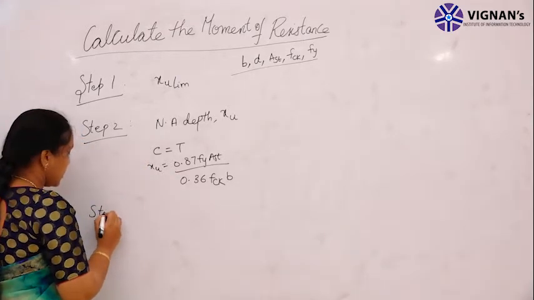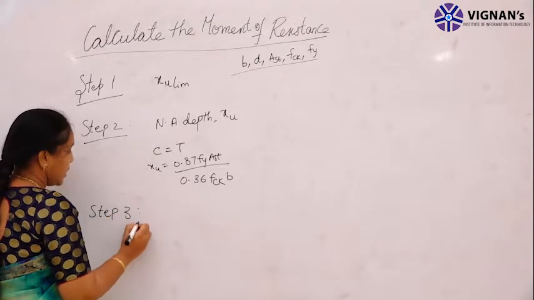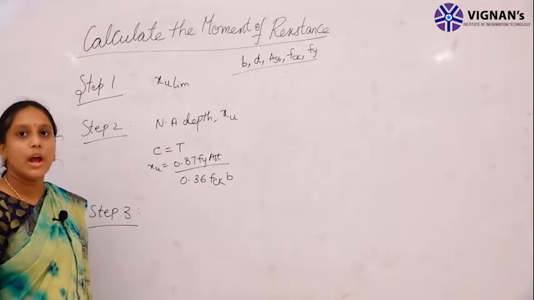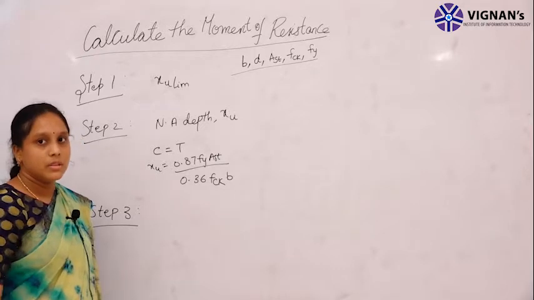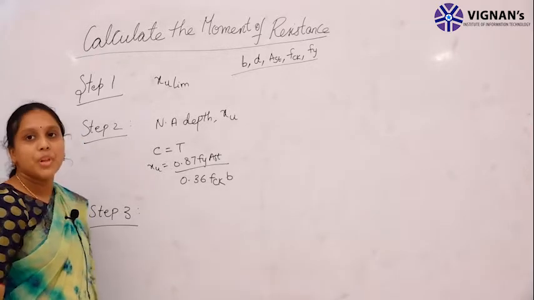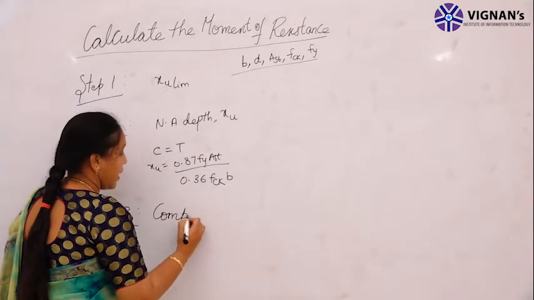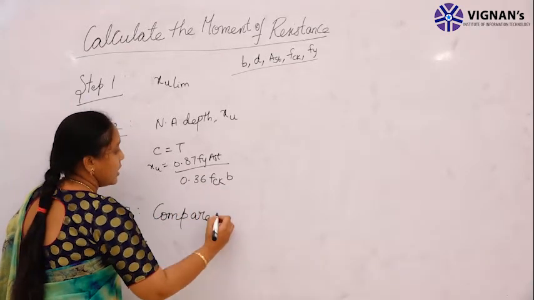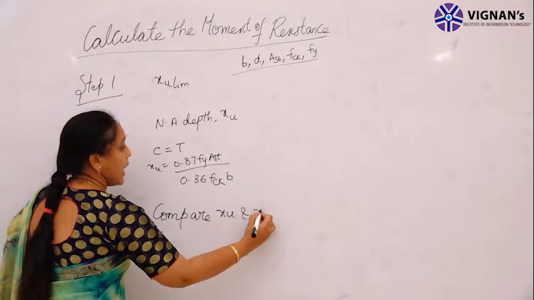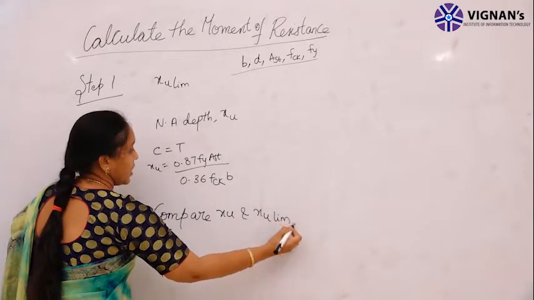Next, step 3. For finding out the moment of resistance, you have to compare the values of XU and XU limit.